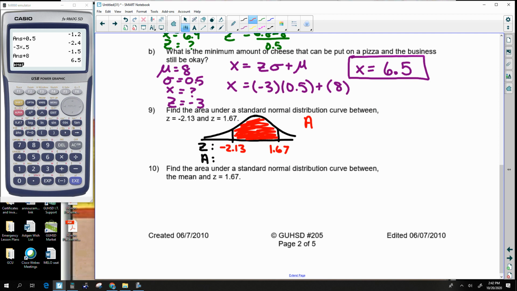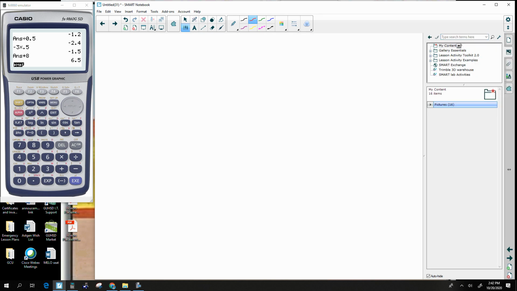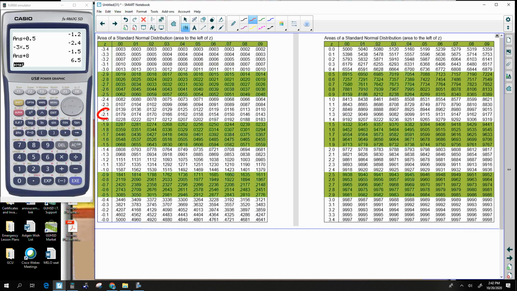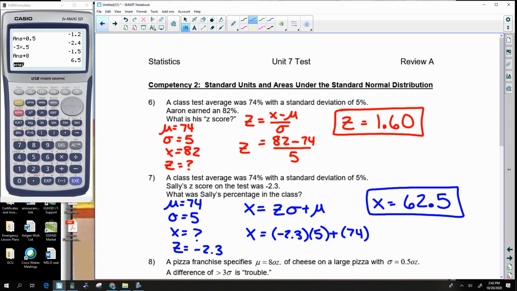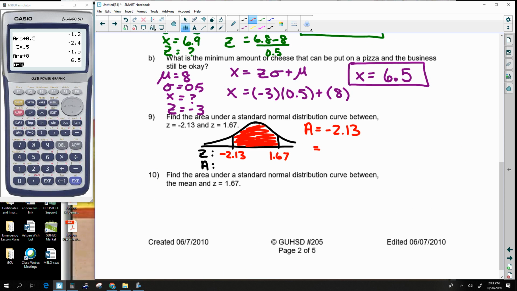The area of negative 2.13, for instance, will require a z-table. Negative 2.13 is 0.166. I totally wrote that wrong.